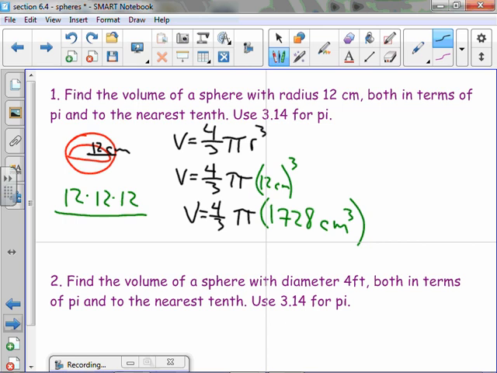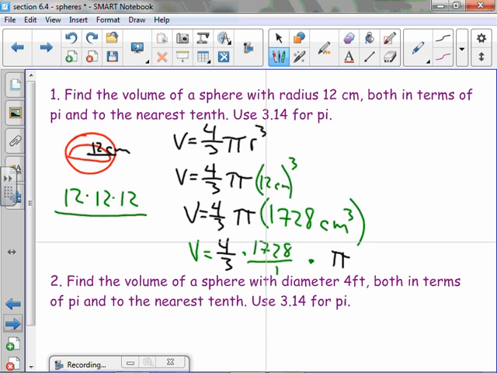Now what I am going to do is I am going to multiply 4/3 by 1728. So I'm going to rearrange this 4/3. I'm going to put pi all the way at the end. And I'm going to do times 1728 over 1, and then times pi. That is my volume.